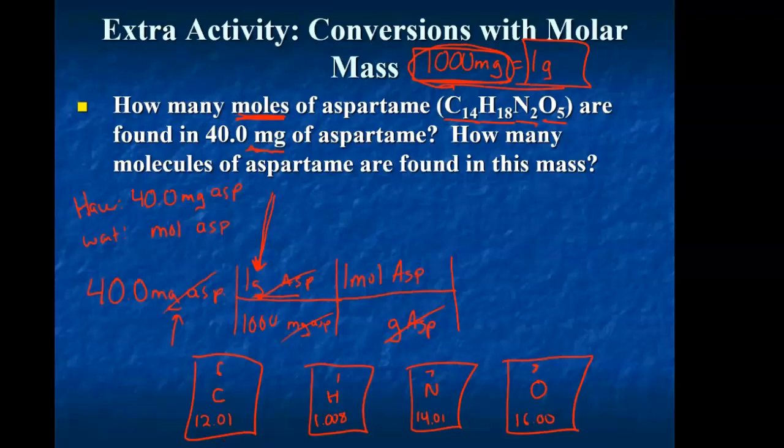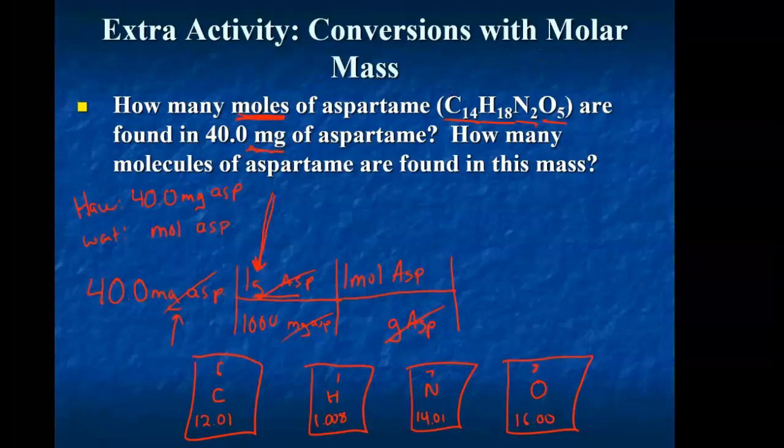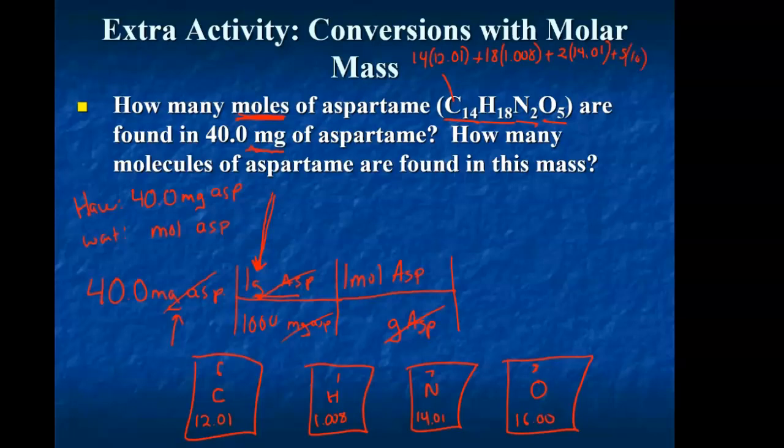I'll write it down here while we calculate it. So it is, maybe I'll do it up here so we have enough room. So 14 times 12.01 plus 18 times 1.008 plus 2 times 14.01 plus 5 times 16. I really don't know what this molar mass is. So I'm going to agree that's 294.298.